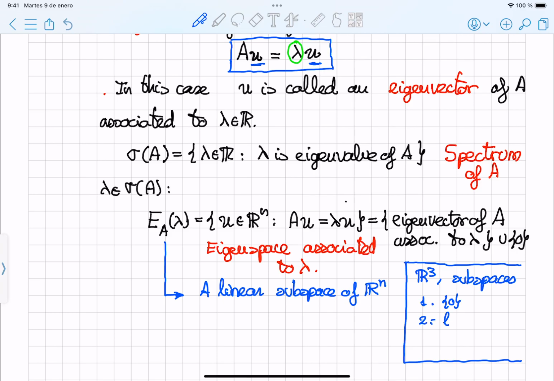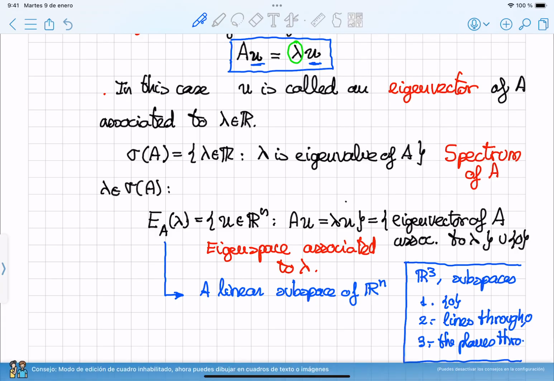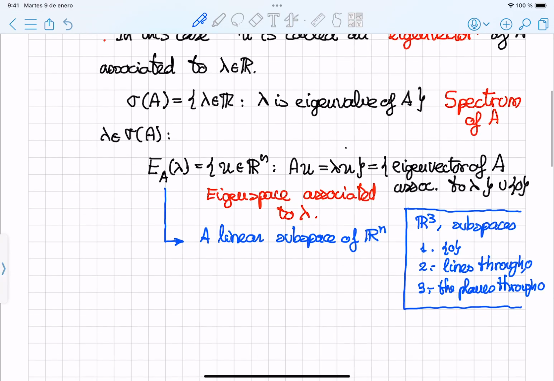Second, the lines through zero, and third, the planes through zero, and finally the whole R3.